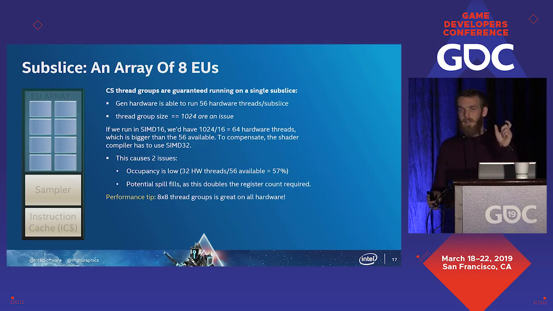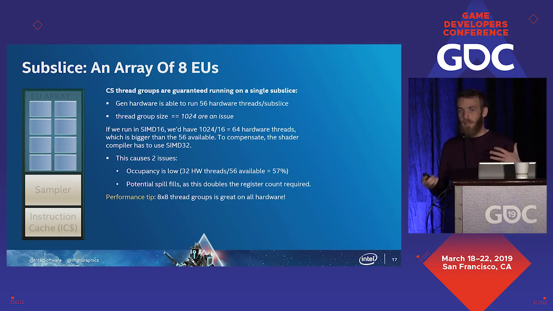Gen hardware has 8 execution units per subslice, and each execution unit is capable of running 7 hardware threads. So that is 56 hardware threads per subslice. If we have a thread group of 1024 and we run SIMD16, we would require 64 hardware threads, which is bigger than the 56 we have available.